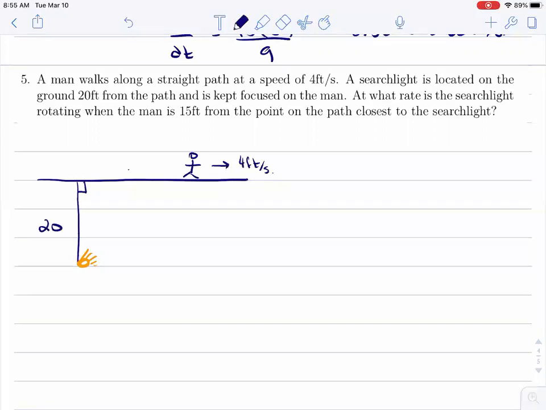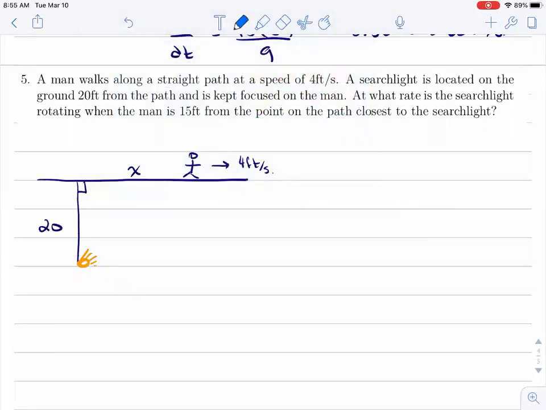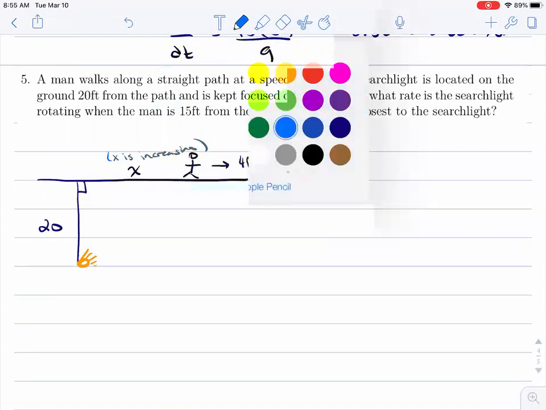If we let this distance be x, x is increasing, right, because we're moving away from the point. And so x is increasing. And so 4 feet per second is the rate that it's increasing, so it's going to be positive.